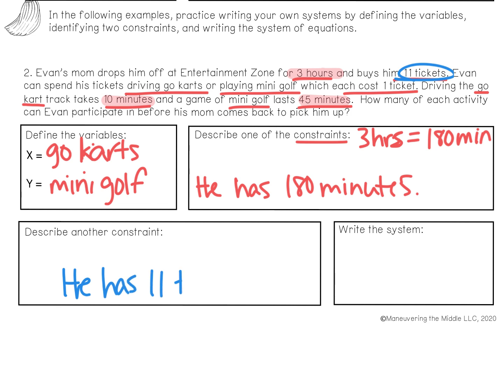So he needs to figure out how much time and how many tickets he needs. So we have 180. We need a minutes equation, and we need a tickets equation. Well, if we're looking at our minutes, we know we have 10 minutes for go-karts.